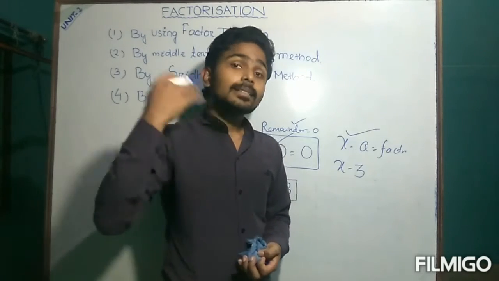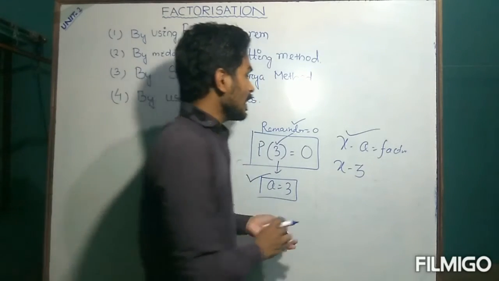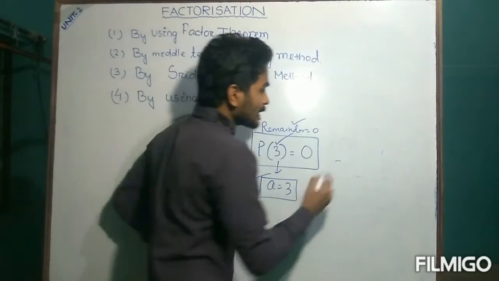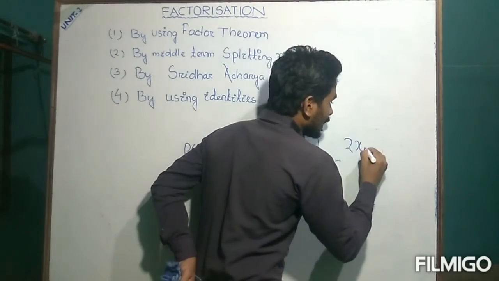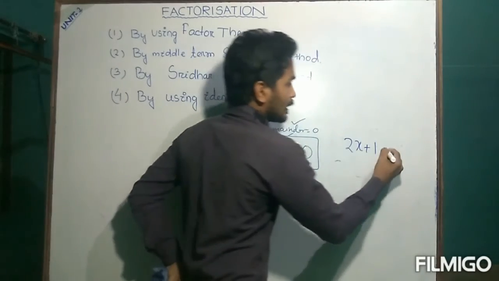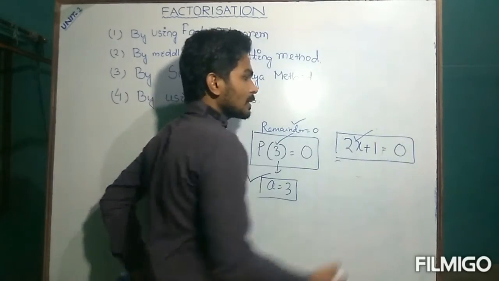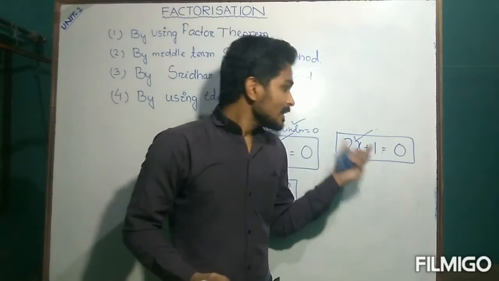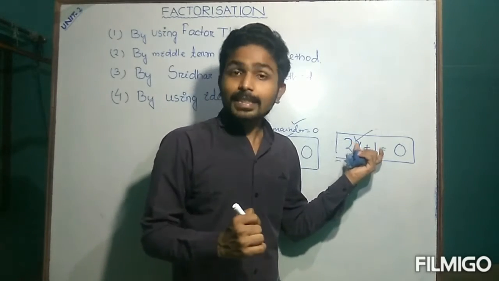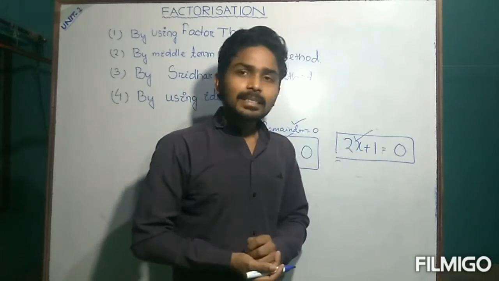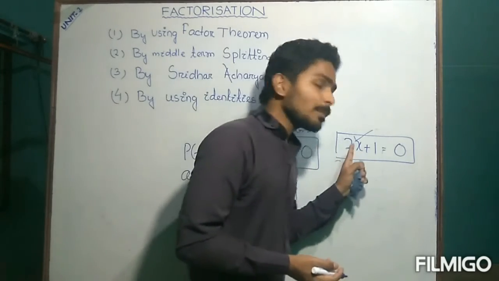And the third thing that we have discussed is the number of solutions. For example, I am taking 2x plus 1 is equal to 0. It is a linear equation because it is a linear polynomial, since its degree is 1. So how many solutions can it have?